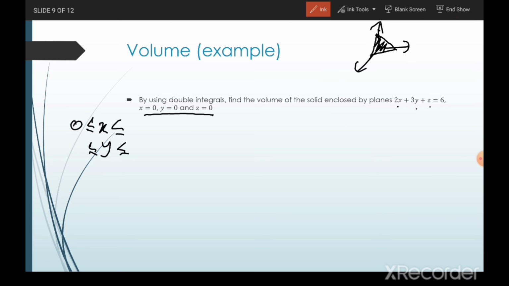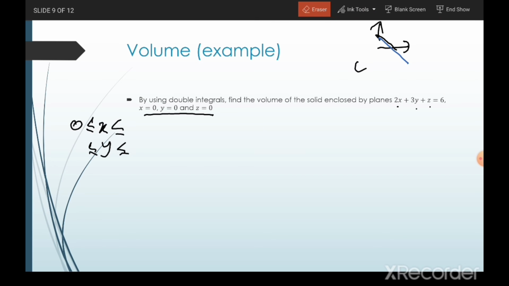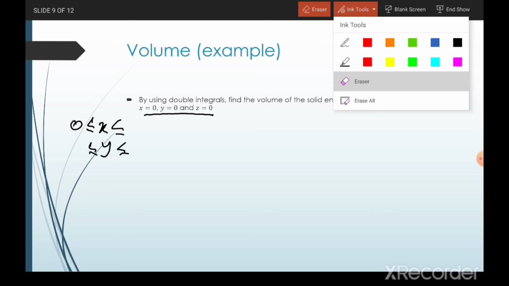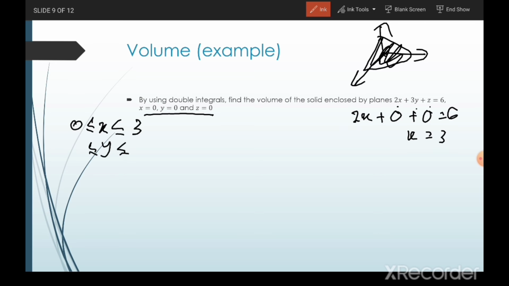So how to find the interval for x and y? For x, the minimum limit is 0. If not x equal to 0, y equal to 0, it becomes below the line, but not in this case. Okay, how to find for x? The value for y and z we set to 0. So here x is equal to 3.